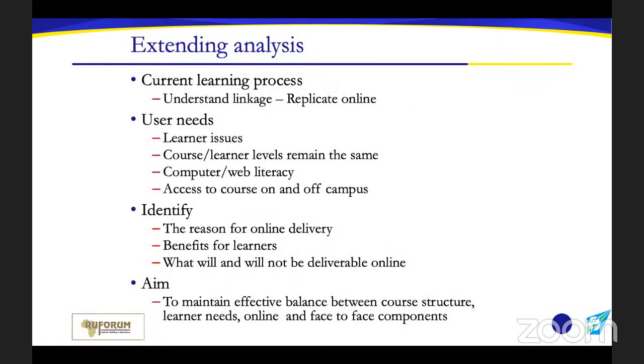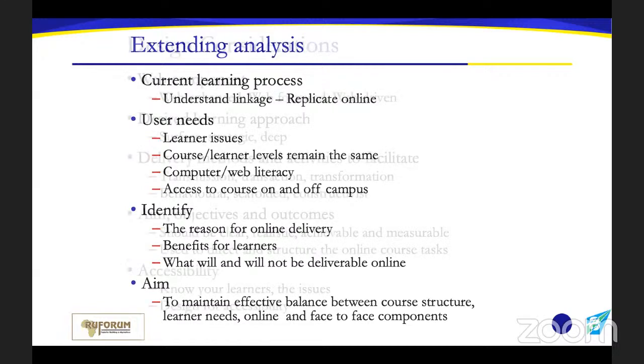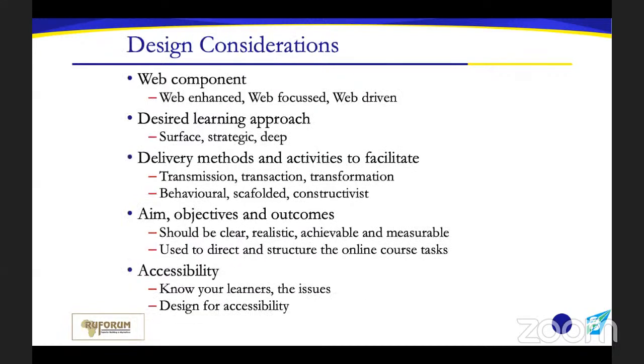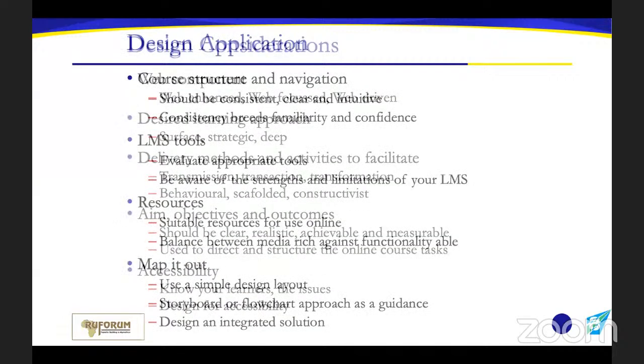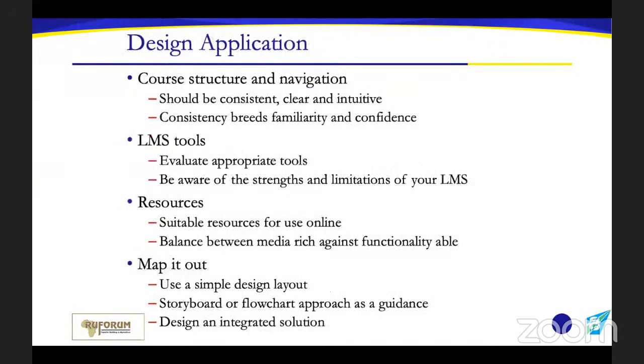Okay. So we need to be able to apply the art and the science of pedagogy right within our content, create the course structure and the navigation that you really need, deploy all the different tools that you have to help you achieve what you want, and then find the right resources.